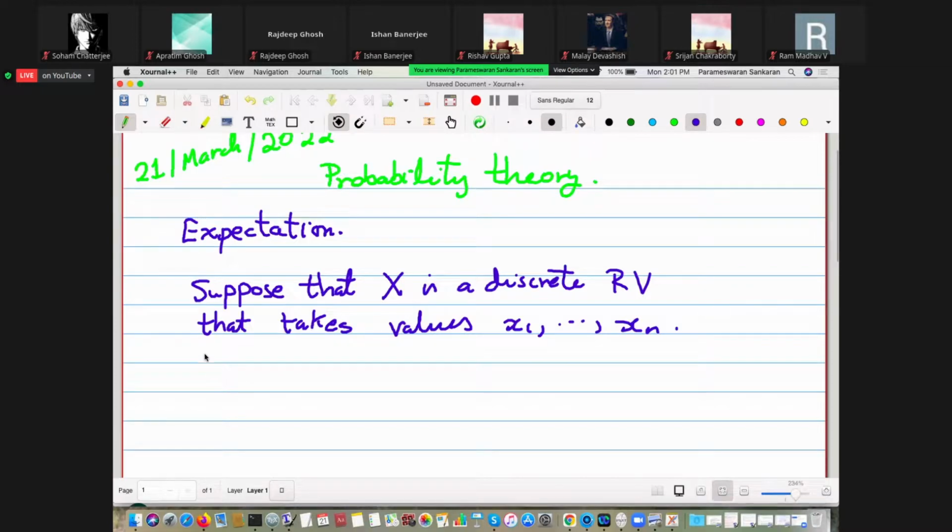And suppose that f is a mass function. f(x) is the mass function of X.